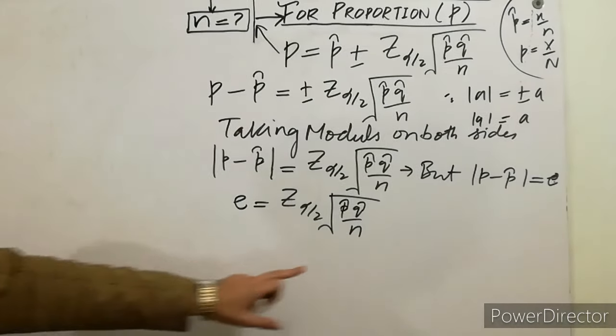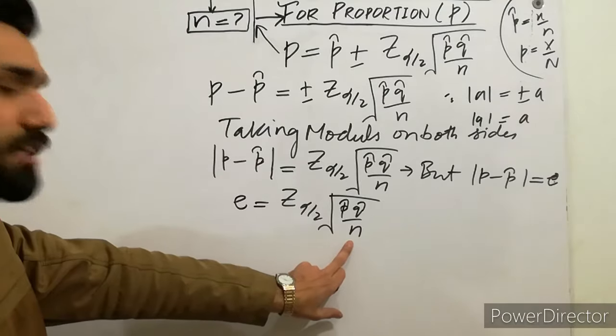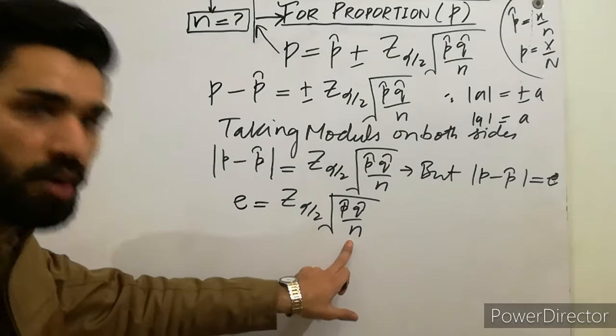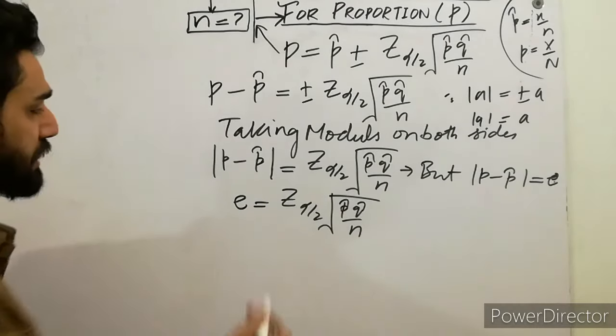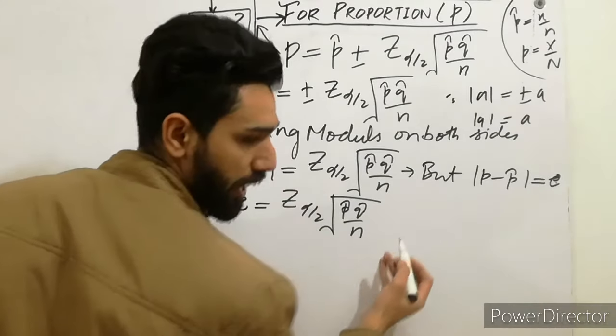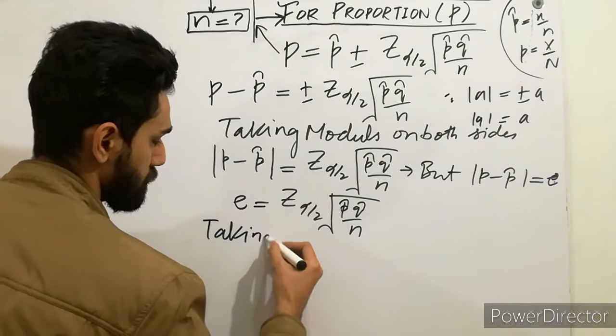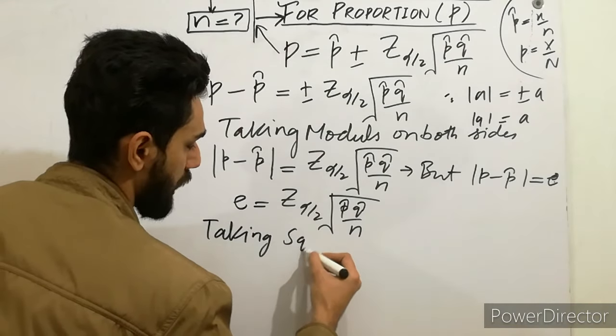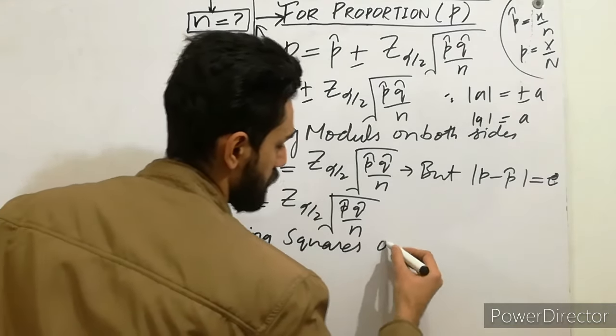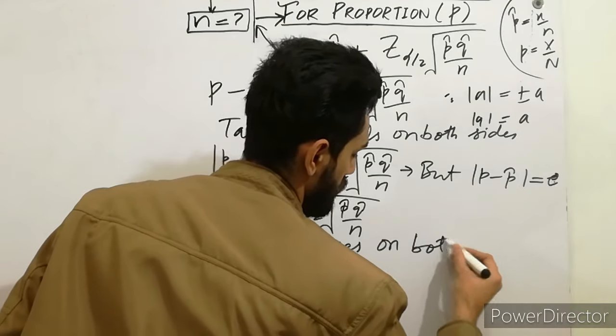Next, you have to make the formula of sample size. So simply take squares on both sides.